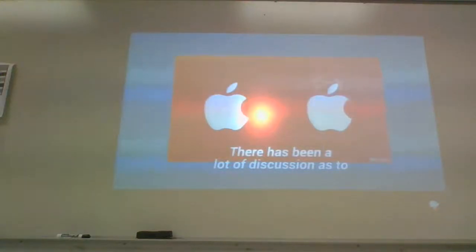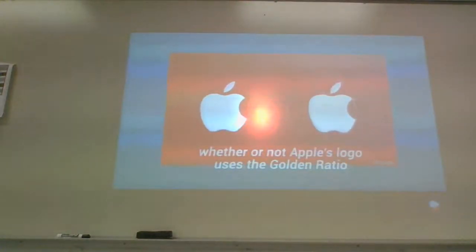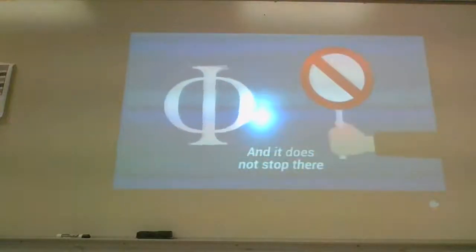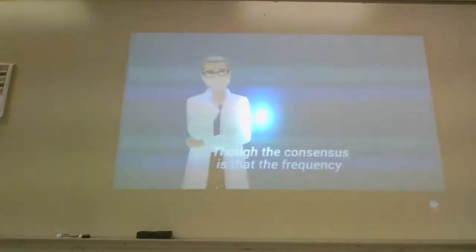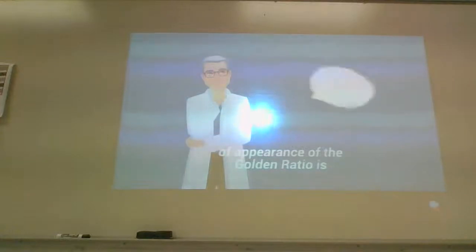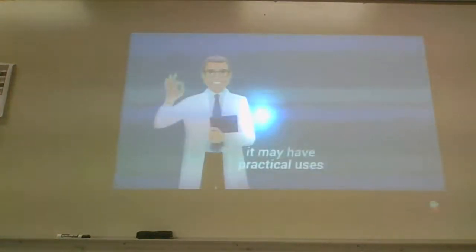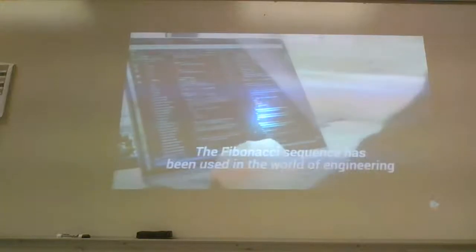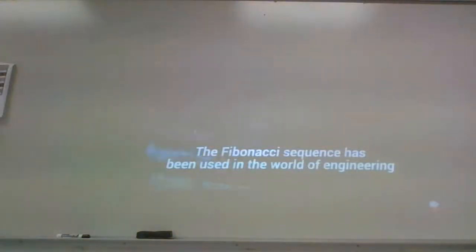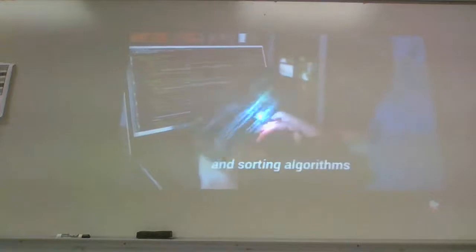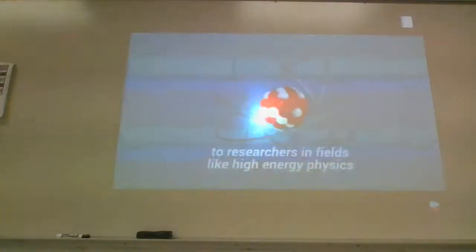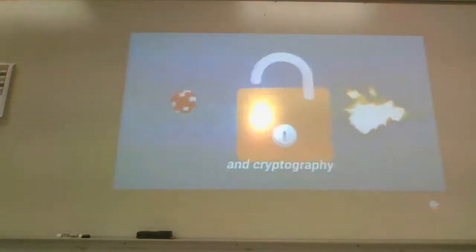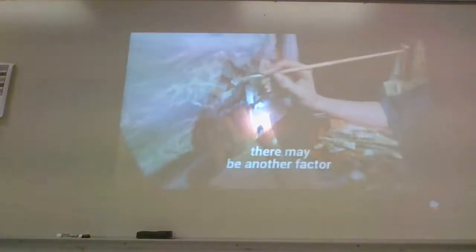There's been a lot of discussion as to whether or not Apple's logo uses the golden ratio, and it does not stop there. Though the consensus is that the frequency of appearance of the golden ratio is exaggerated, it may have practical uses. The Fibonacci sequence has been used in the world of engineering, in computer data structures and sorting algorithms, audio compression, and architectural engineering. The golden ratio has also been useful to researchers in fields like high-energy physics, quantum mechanics, and cryptography. For artists, there may be another factor.